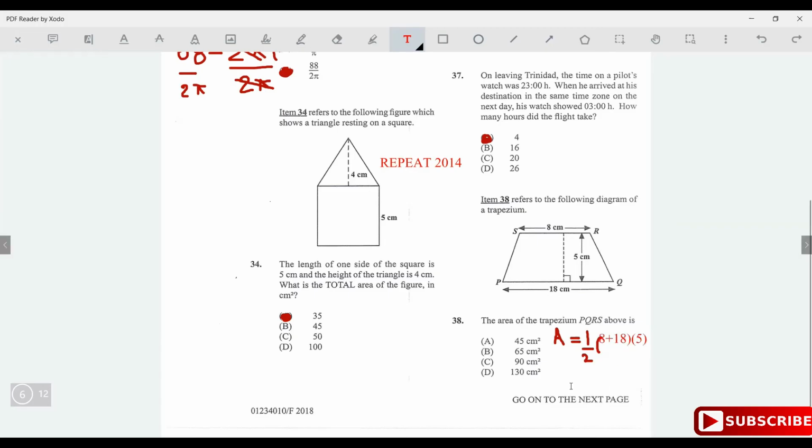And so we work that out, and 8 plus 18 is 26. 26 over 2 is 13. 13 times 5 is 65. That is the area, 65. Easy question.